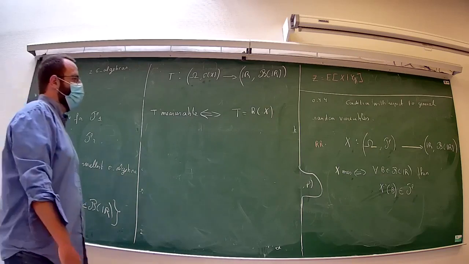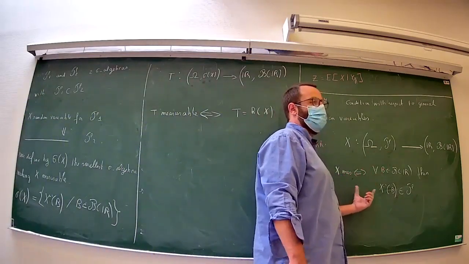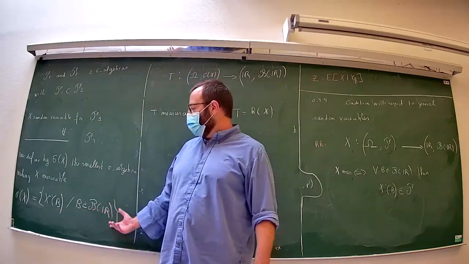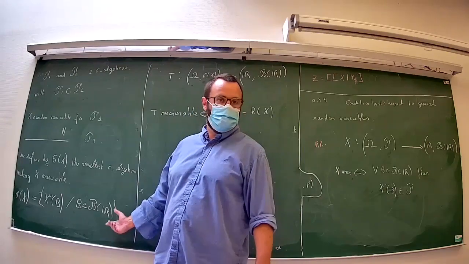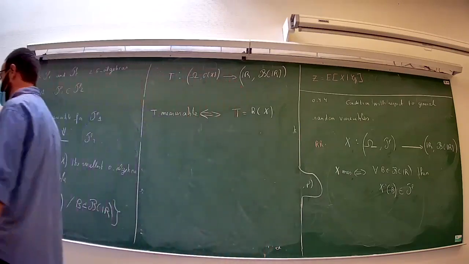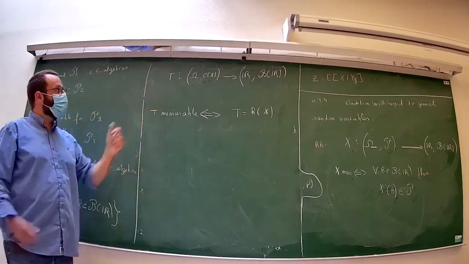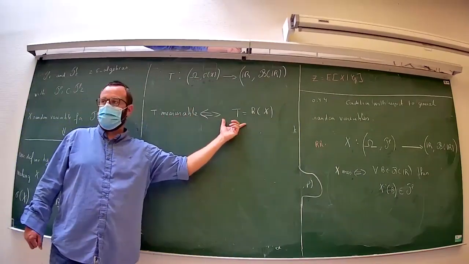So depending on the sigma algebra I put here, I have different definitions of measurability. I have reminded you of the one that is minimal in order to make a mapping a random variable, sigma of X. And I have this result that tells me that if I am sigma of X measurable, in fact I am a function of X.